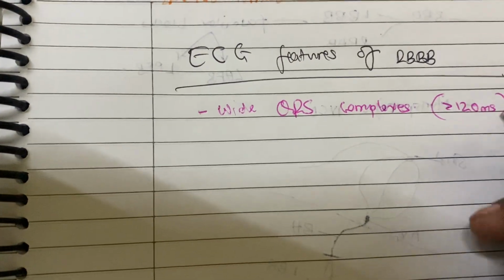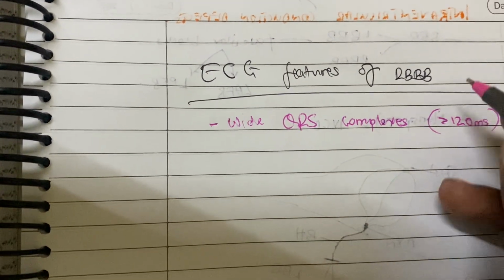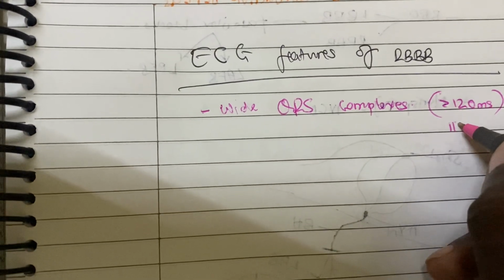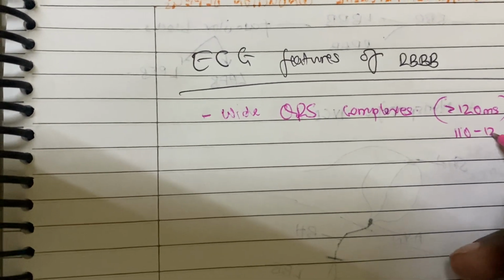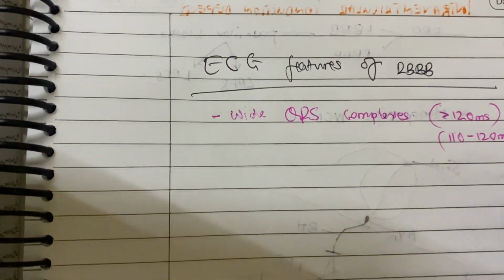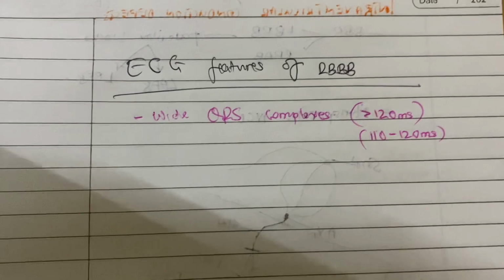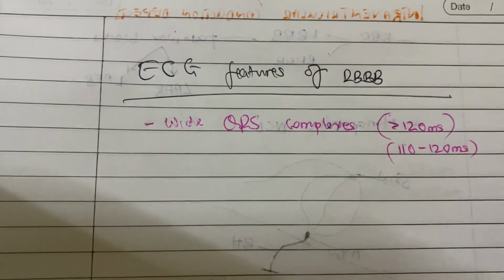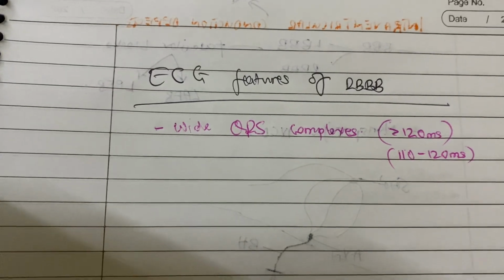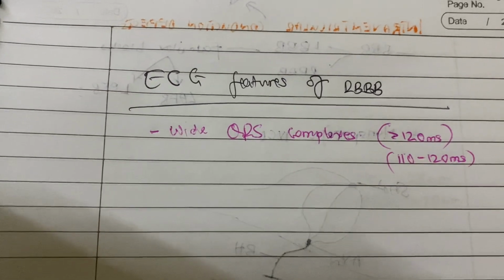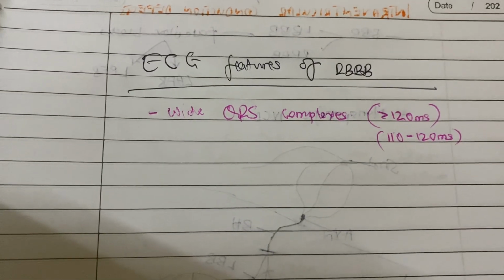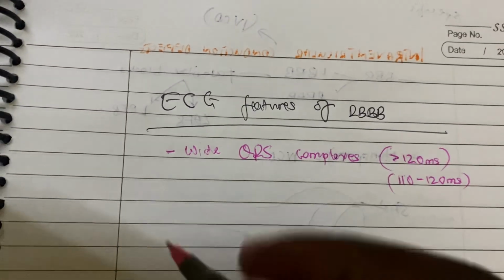If it's incomplete RBBB, it will be 110 to 120 milliseconds. So bundle branch blocks can be incomplete or complete. Complete when the QRS duration is above 120, and incomplete when it's less than 120 but above 110. That is one.